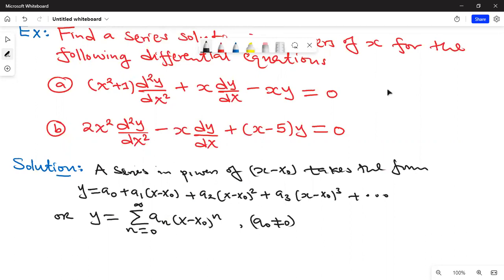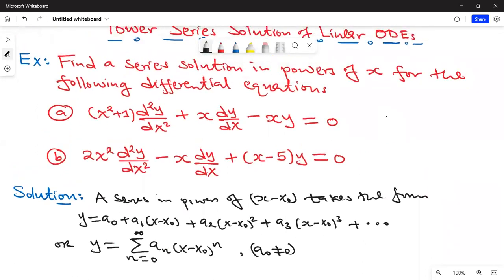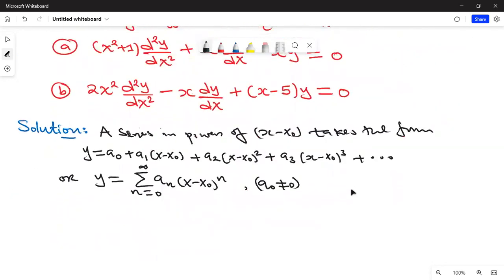But if you look at the equation, we want a series in powers of x. So if I want a series in powers of x, I'm going to substitute x naught equals 0.